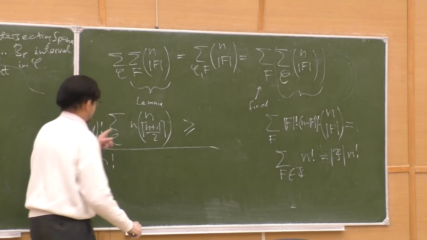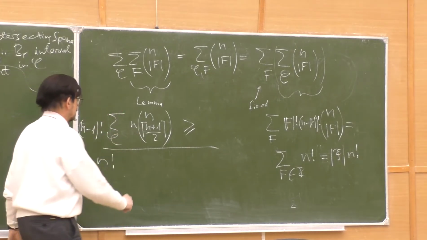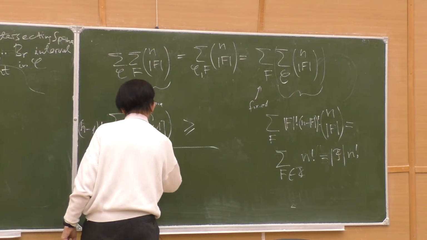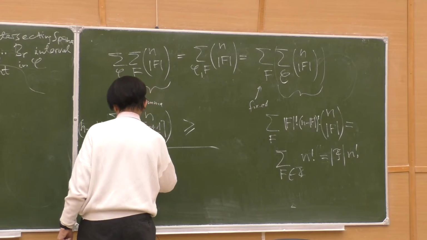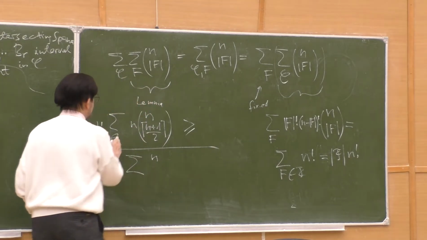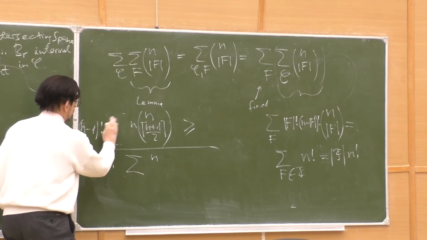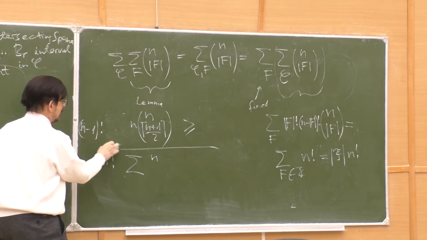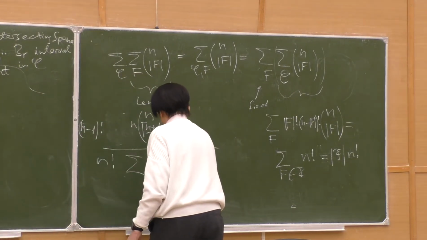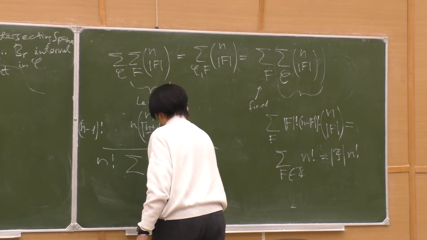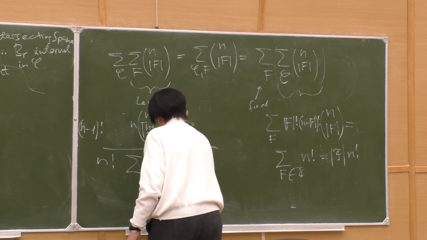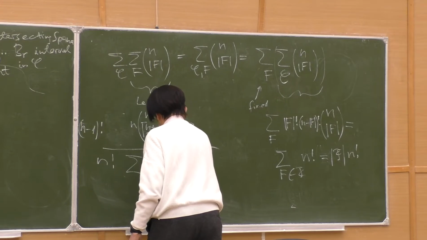So this is n factorial here times, so when I wrote it here, I should have deleted the sum. So n choose n plus 1 ceiling.